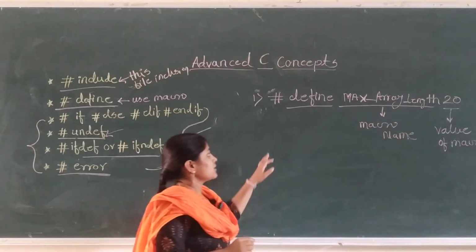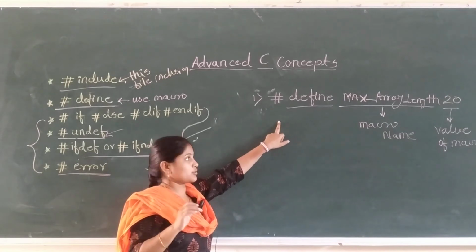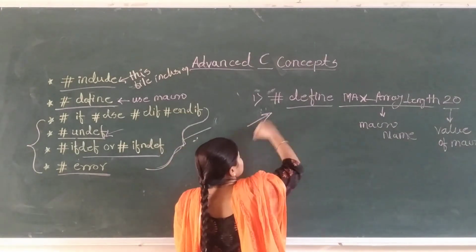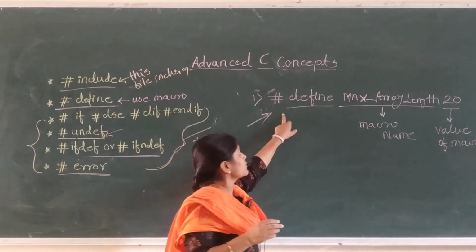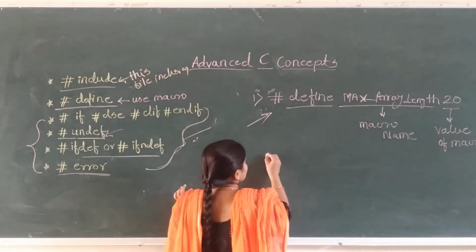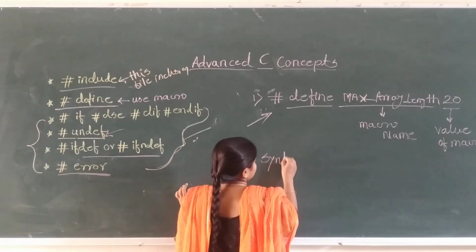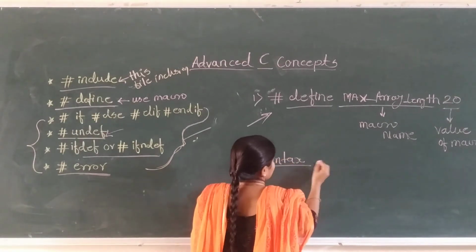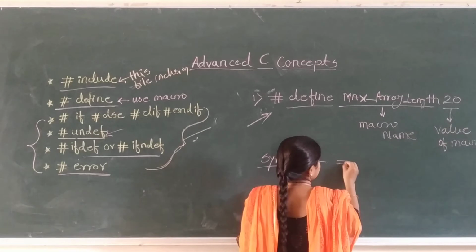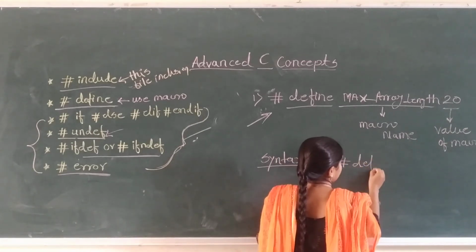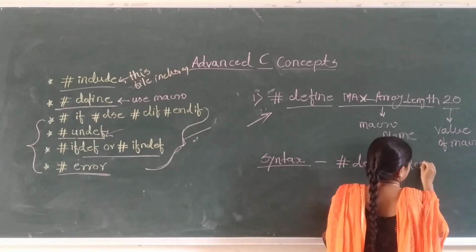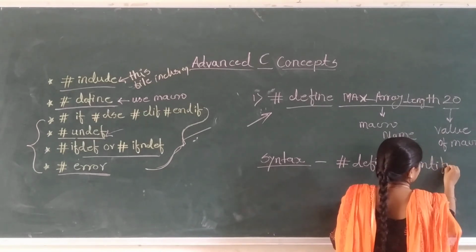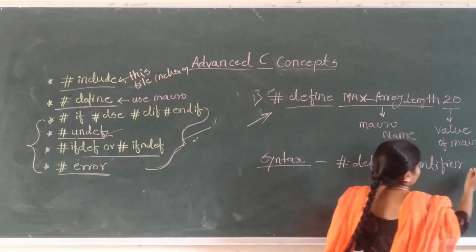The implementation of a macro is written in this form. The syntax of a macro is hash define identifier and value.